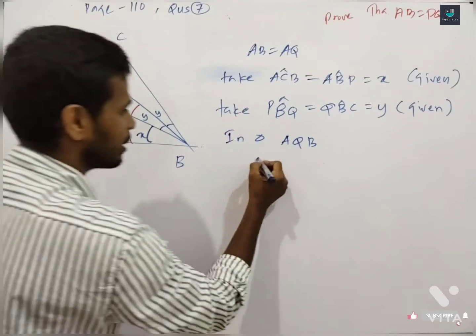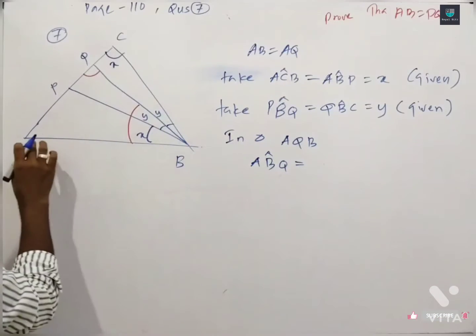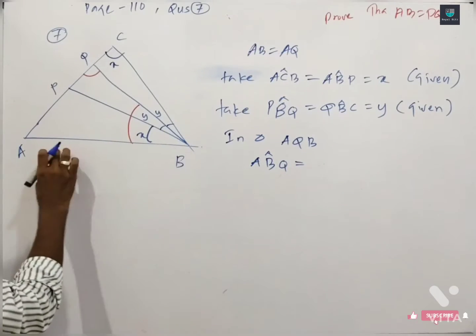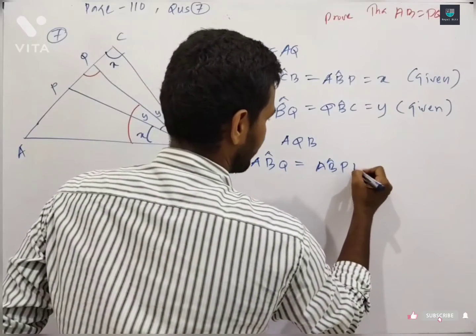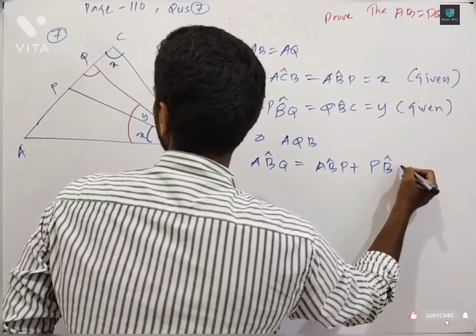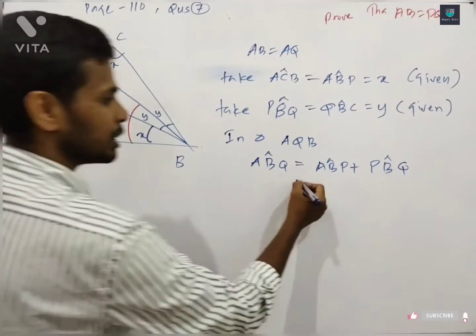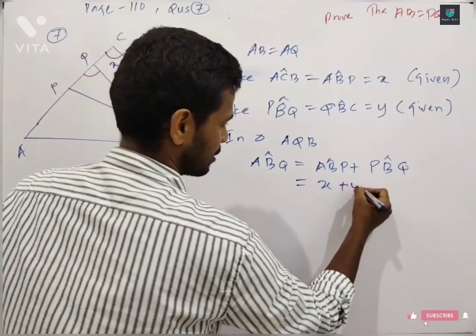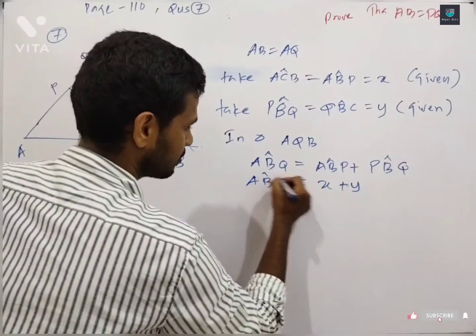ABQ is equal to X plus Y. ABQ is AB plus PB. Tell me, PBQ. This is equal to x plus y. Yeah, x plus y. Okay. ABQ is x plus y.